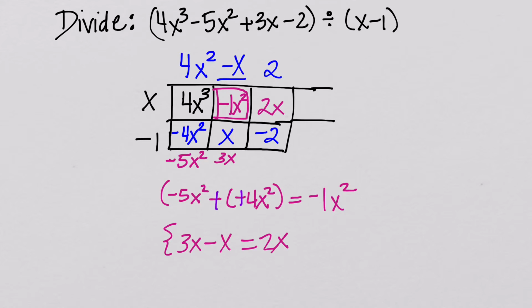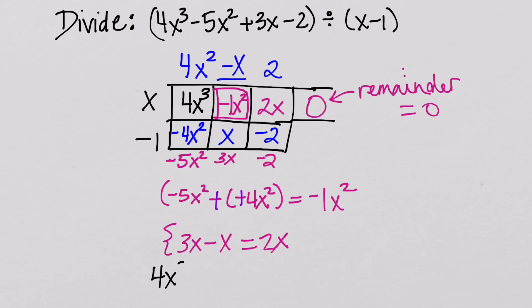And we need the two diagonals here to add to negative 2. So we again have a remainder of 0. Okay, so our final answer here is 4x squared minus x plus 2.